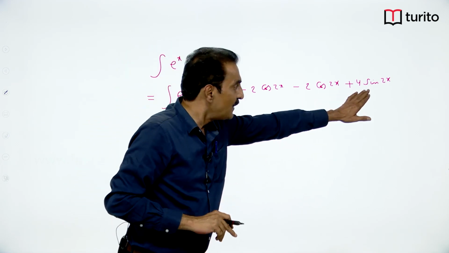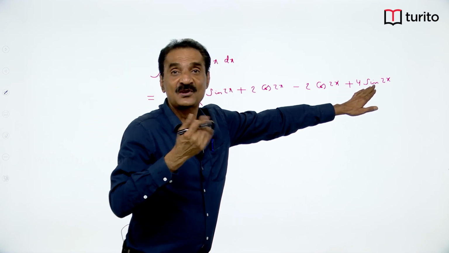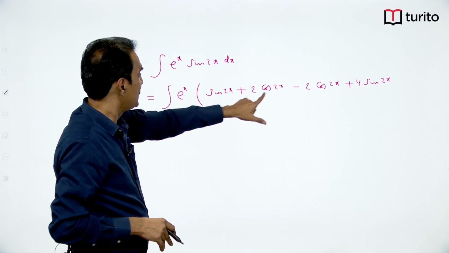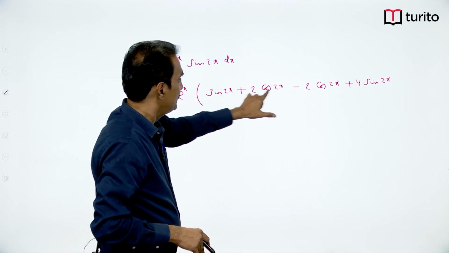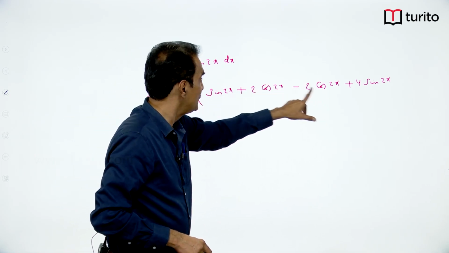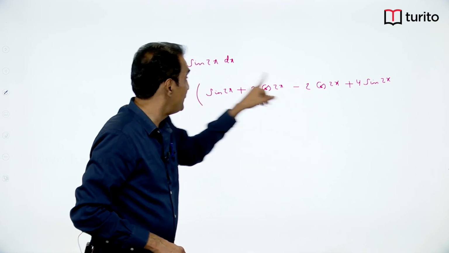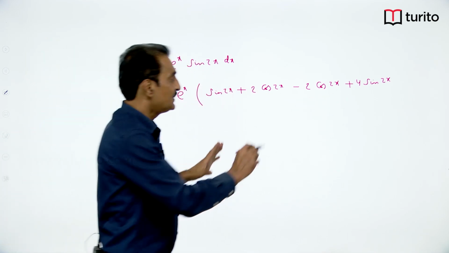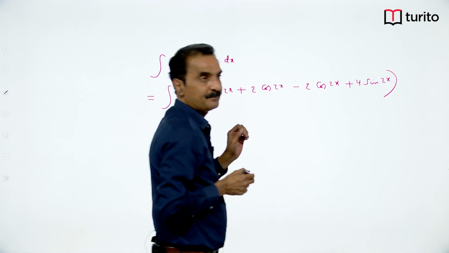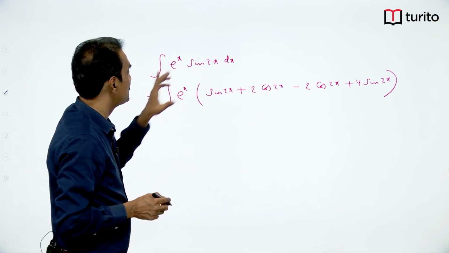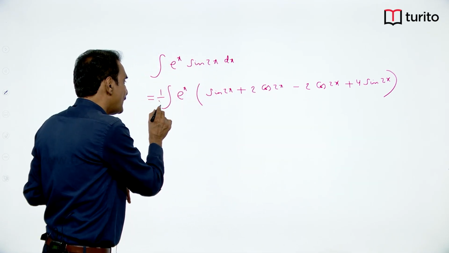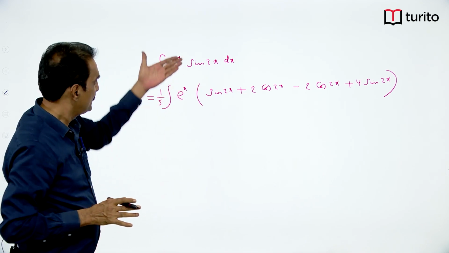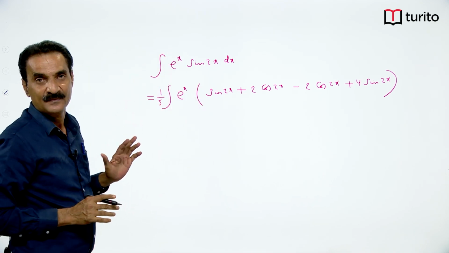Now you stop here, just adding, do not subtract. If you observe what happens, this is cancelled, this is 5 times of this. So I will stop here. Since this is 5 times of this, I will write into 1 by 5. So this is equal to this.